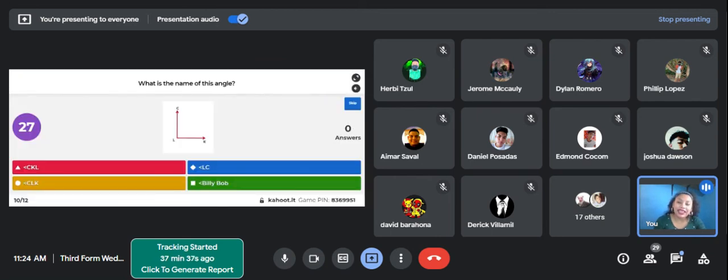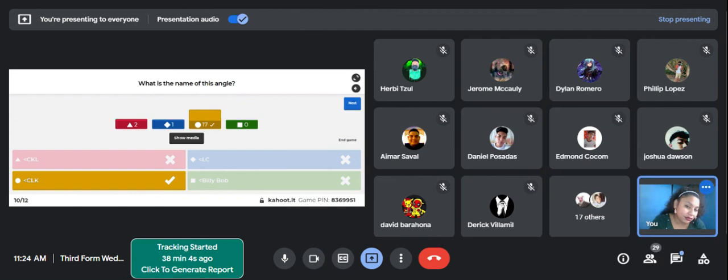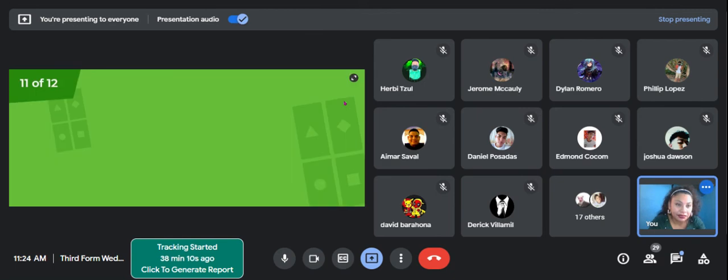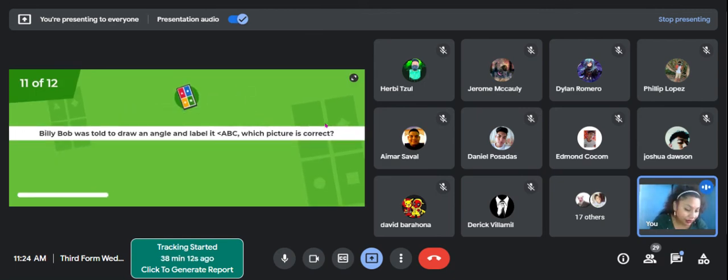What is the name of this angle? I had explained this already before. Okay, very good. 11.